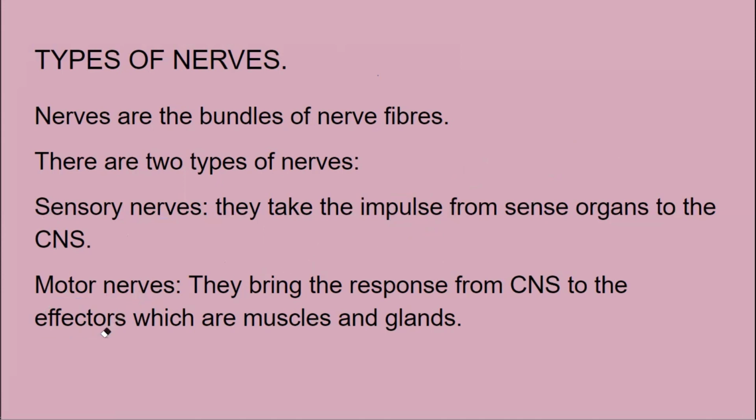So a bright light which is falling in your eyes, the bright light is the stimulus. The impulse of the stimulus in the form of free mobile sodium and potassium ions will move over the sensory nerves to our central nervous system, that is the spinal cord and brain. Our central nervous system will process the data and will send the response in the form of free mobile ions over motor nerves.